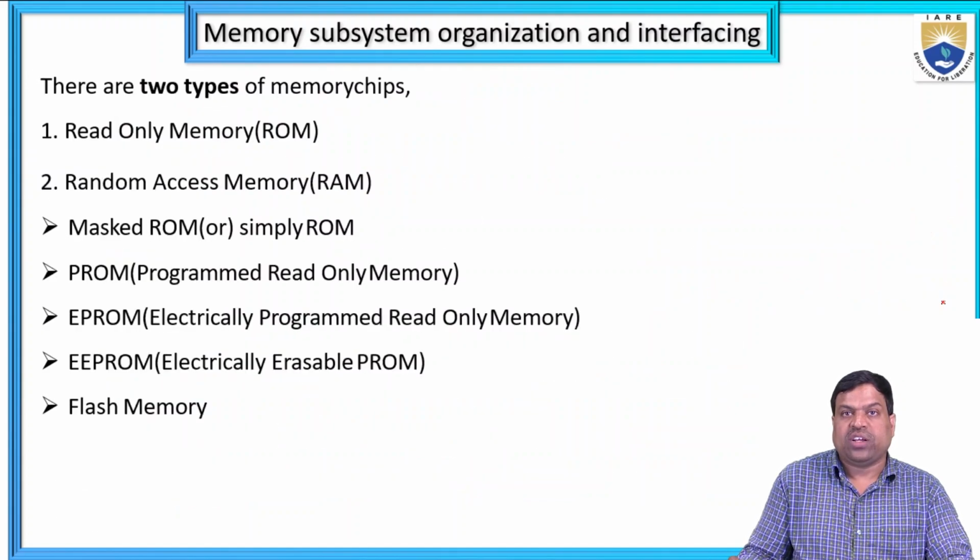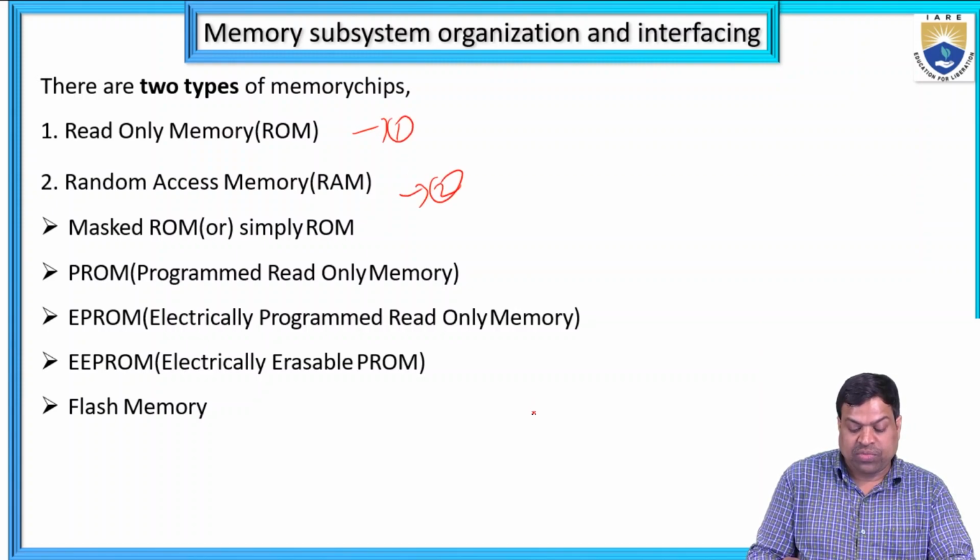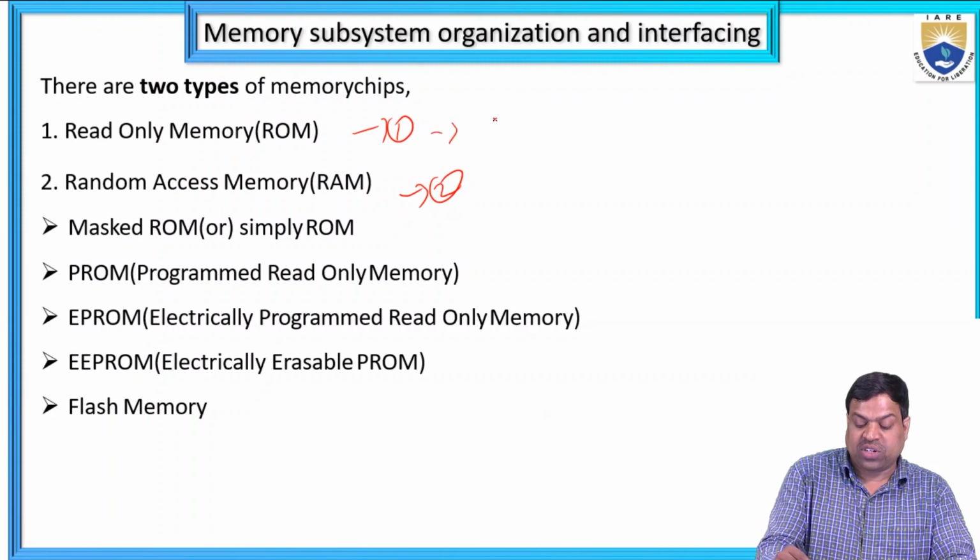So, there are two types of memory chips: read-only memory and random access memory. These are the major types. Read-only memory means it is a permanent memory. Random access memory means it is a temporary memory.